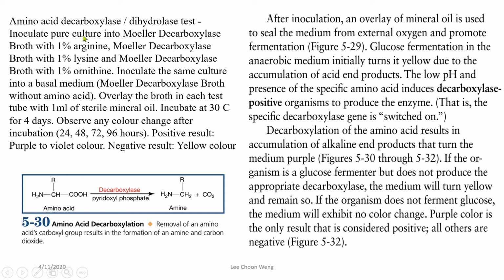Once we have inoculated the bacteria into the bottles, we will overlay the broth, all four bottles, and then we'll incubate for up to 4 days. And we'll look for positive results. So the positive results will be purple to violet, whereas the negative result is yellow.